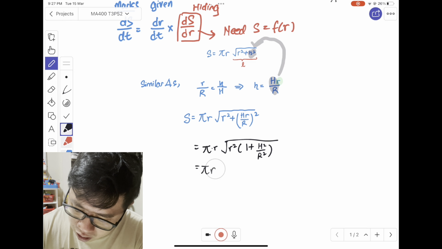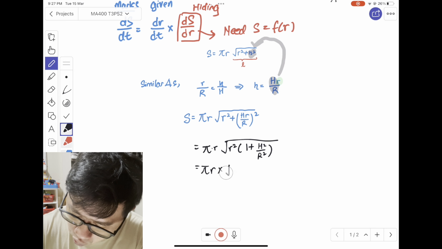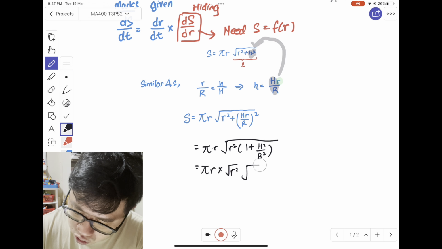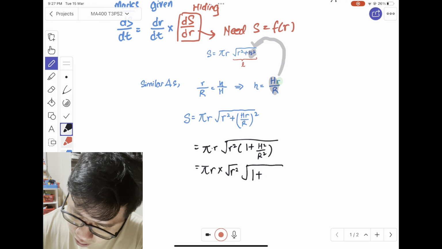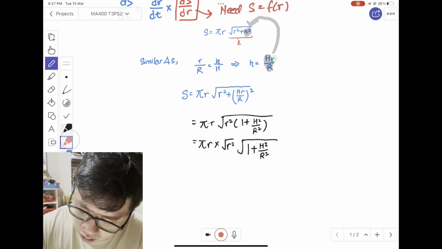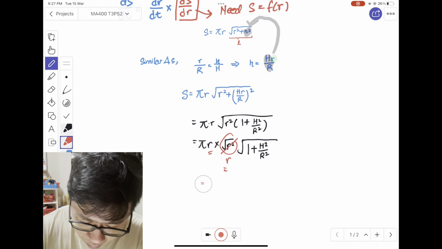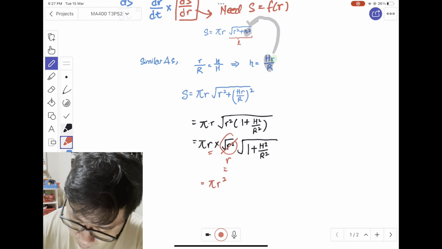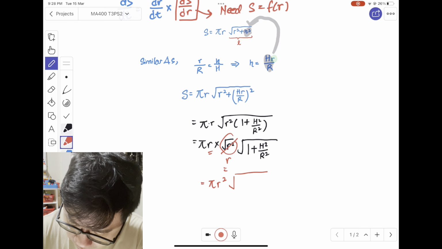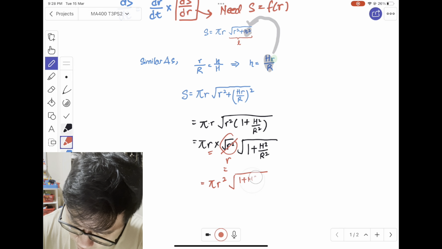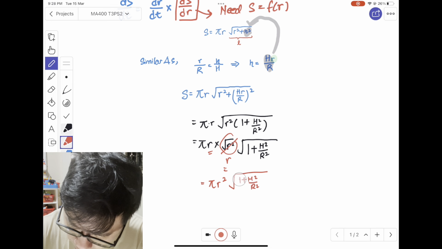This is like pi r multiplied by the square root of r squared multiplied by the square root of 1 plus H squared over R squared. The square root of r squared is just r, so r and r gives me pi r squared multiplied by the square root of 1 plus H squared over R squared.